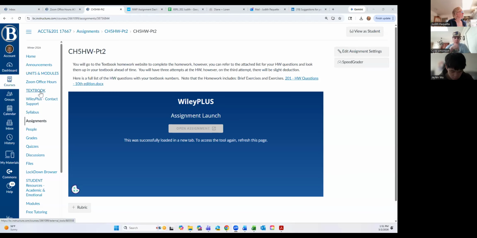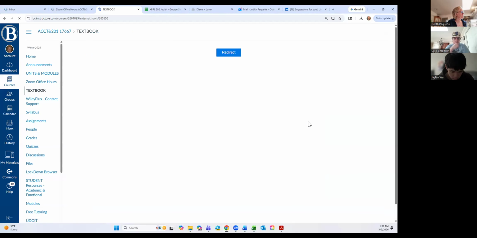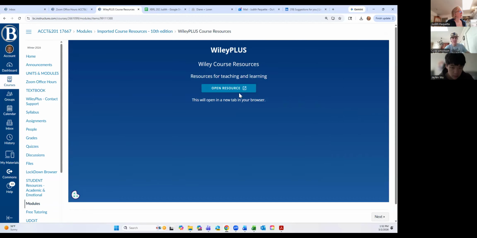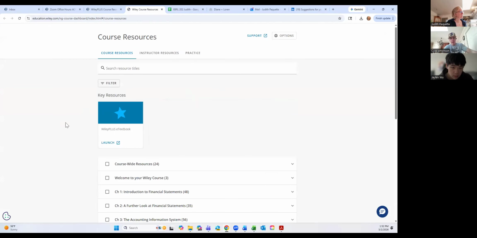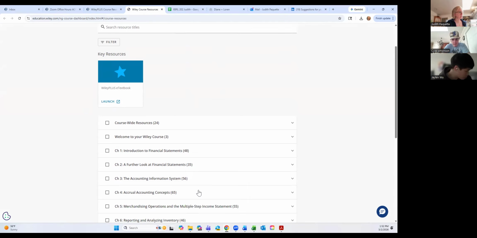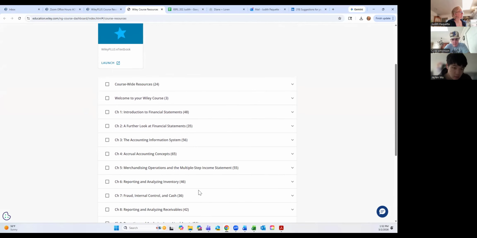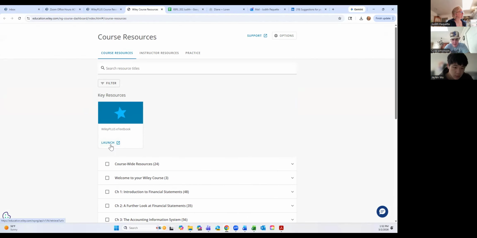So let's look at the textbook. Can you see the Canvas now? Yeah. So we're going to open the textbook. This stuff down here is not your textbook. I actually find that kind of misleading for students. But anyway, this is your textbook.